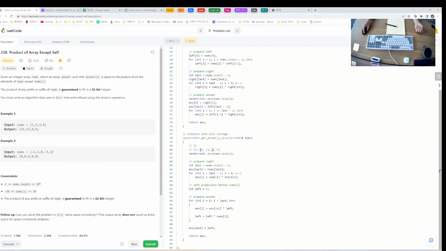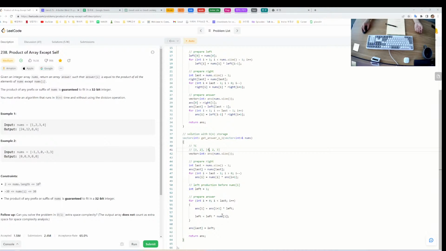Okay. When with this, when I is 1, answer this one, which is the production of the right side, and then now left, let's call it.